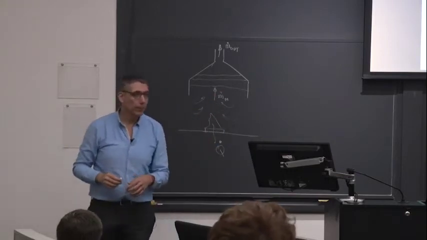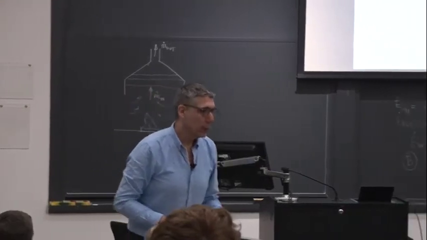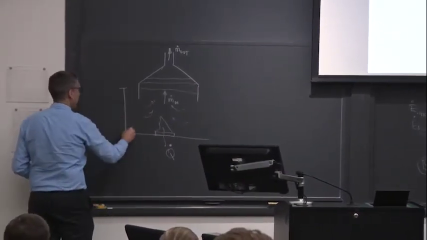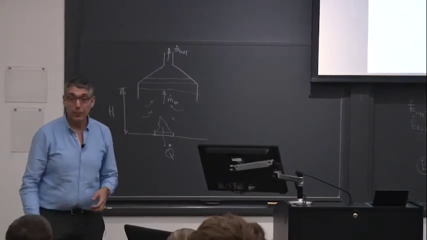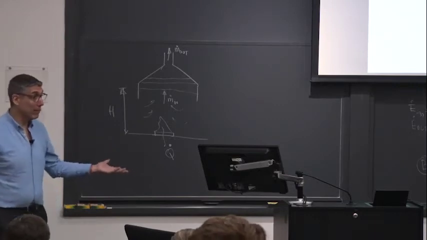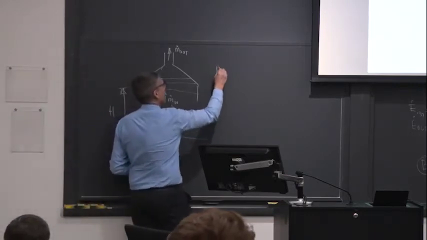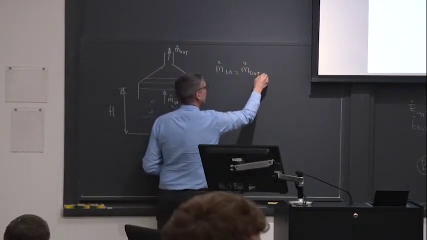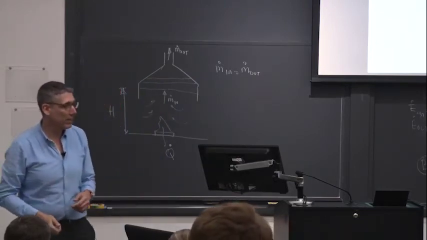Are we happy? So what condition needs to be satisfied so that the height of the smoke layer doesn't change? M in equals M out. M in has to be equal to M out. Are we happy with that? So if M in is equal to M out, then H will not change. Okay? So how am I going to run my experiment?